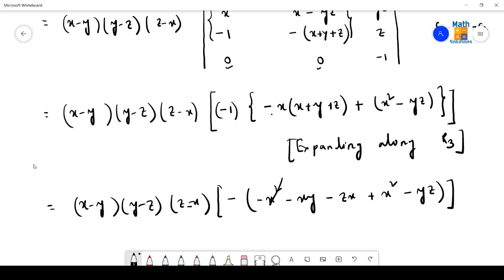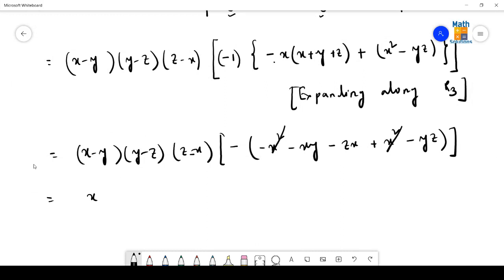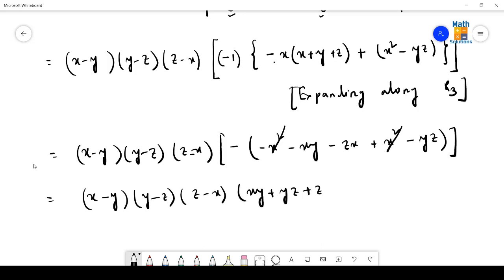So minus x square plus x square got cancelled. All the rest of the terms will turn positive because the minus sign is there outside. So x minus y, then y minus z, then after z minus x whole into xy plus yz plus zx, and this is the required right hand side. So this is the complete solution.